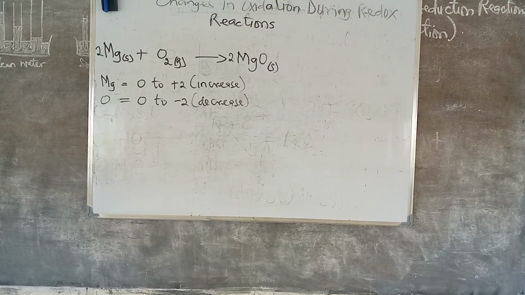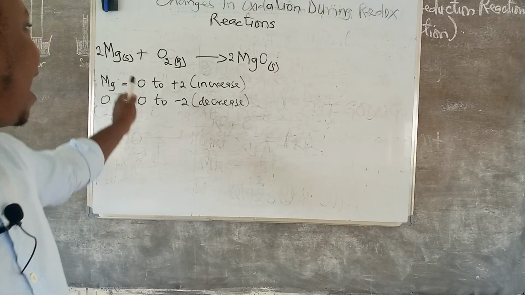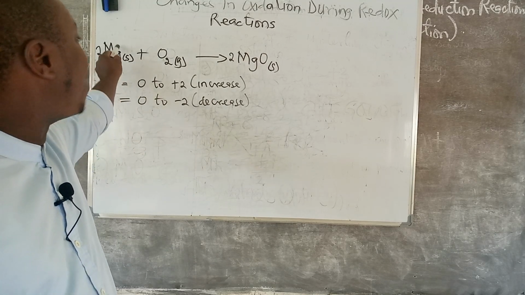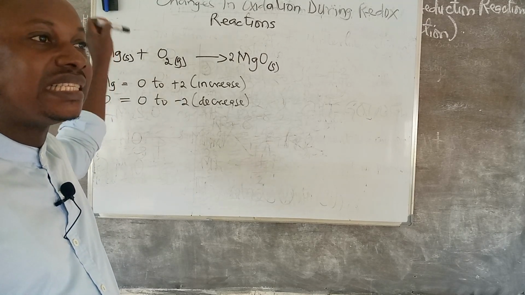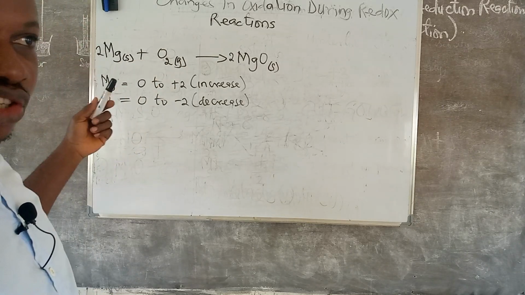From the example on the board, magnesium atom plus oxygen gas gives you magnesium oxide. If you watch from that example, you will agree with me that magnesium changes from zero. Remember, when it is standing alone, it has zero oxidation number. We dealt with this at the onset of oxidation number.